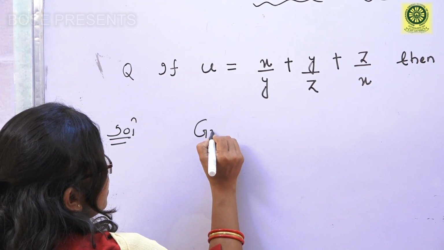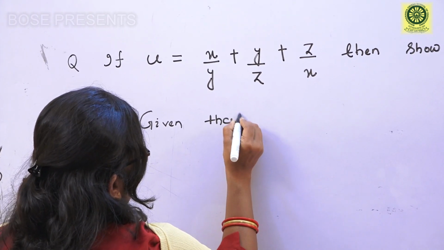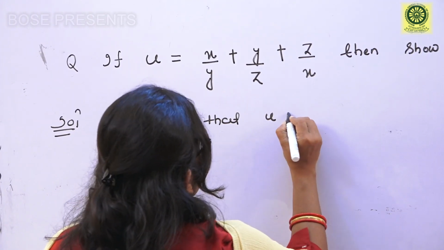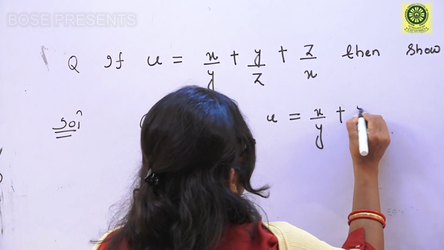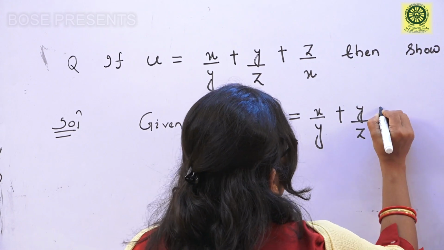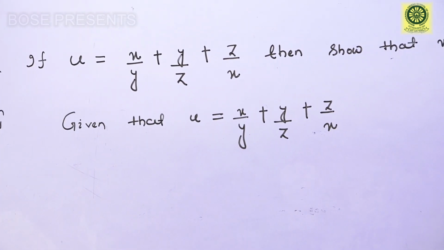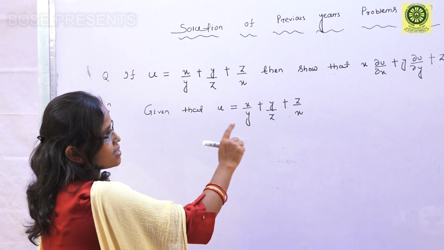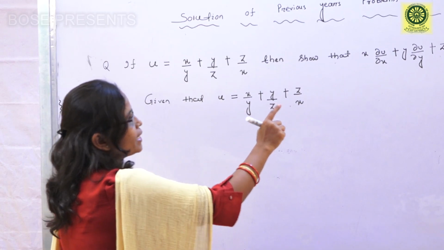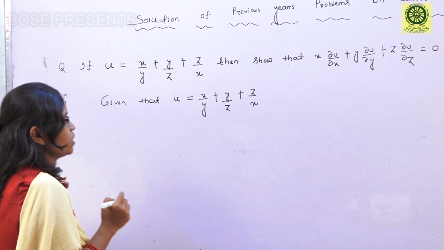So write down, given that u is equal to x by y plus y by z plus z by x. Here we have to prove that x del u by del x plus y del u by del y plus z del u by del z equals 0.